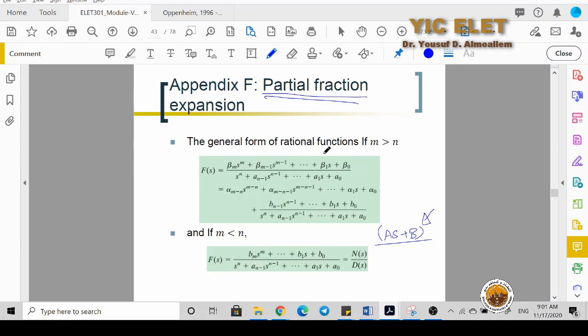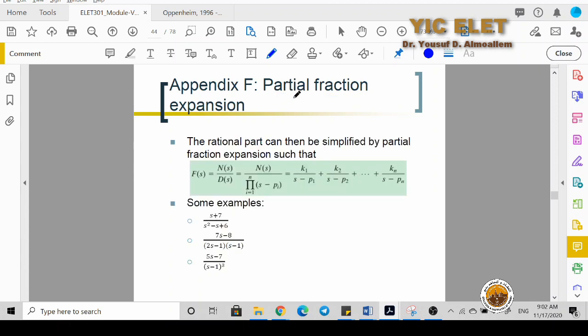So what I'm asking you is just to go and review the partial fraction section that I gave you on the blackboard. Again, you have to review partial fractions. There are some examples you can practice. Try to practice these examples at home and solve them, decompose this into components of these poles.